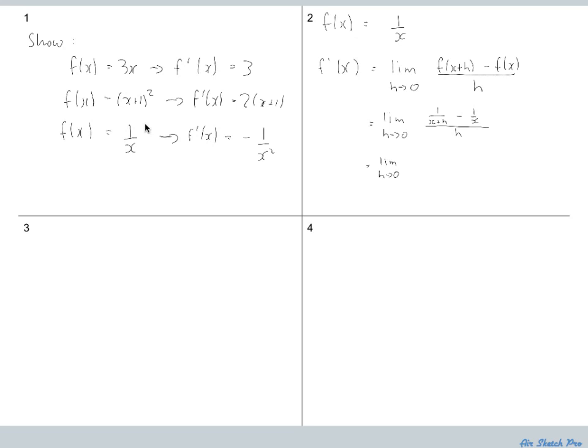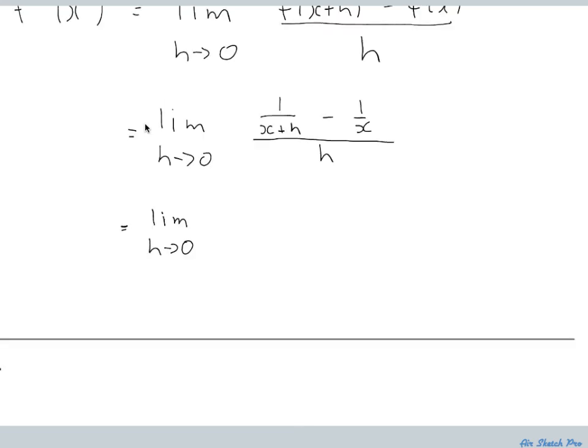I see that I've got this. I might even zoom up so you can sort of see what's happening in grand scale here. I've got this really complicated looking expression here, so I'm going to try and simplify it. So I'm going to find a common denominator, and the easiest way of finding a common denominator is to multiply each fraction by the opposite denominator.